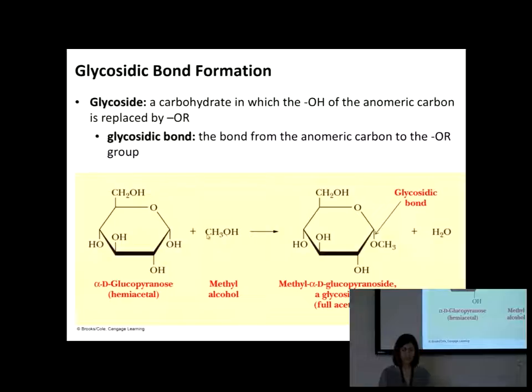Now, the carbon can be in a simple alcohol. It can be something crazy, and we're going to see how crazy it gets later on. But we can see that this was a reducing sugar, and since we have a carbon here, it is no longer a reducing sugar.